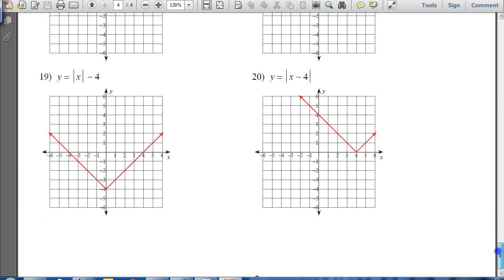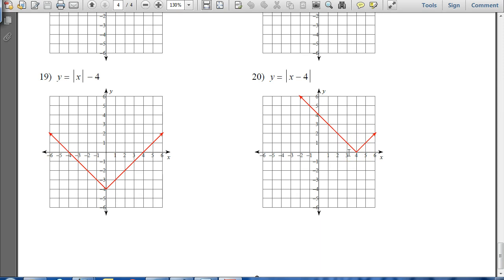The next one, absolute value of x with the minus 4 on the outside, the vertex is shifted down to where the y-intercept is at negative 4. And in this graph, the x minus 4 is inside the absolute value, and the vertex is over here at positive 4.